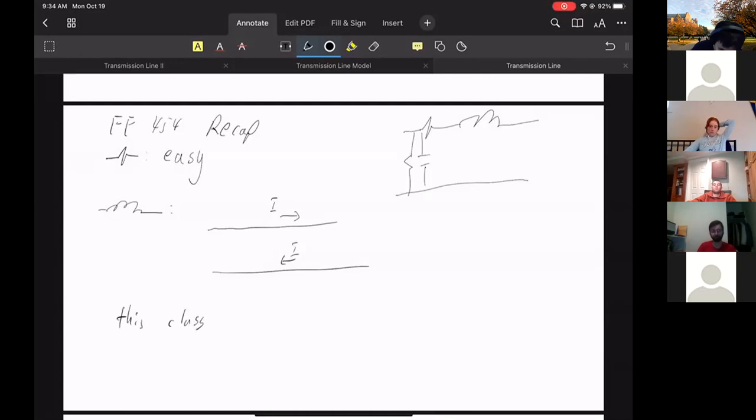We'll look at where this capacitor comes from, and we'll get a set of equations fairly similar to the inductor equations. Those two together give us this circuit-wise transmission line model. That's our goal.